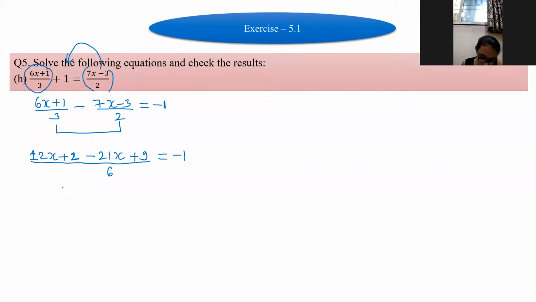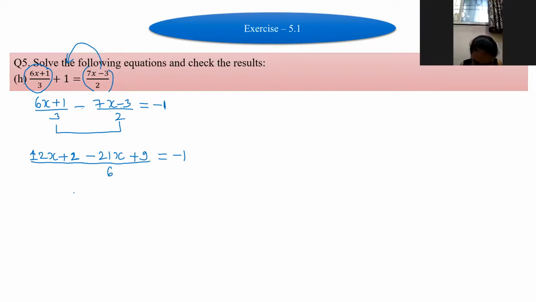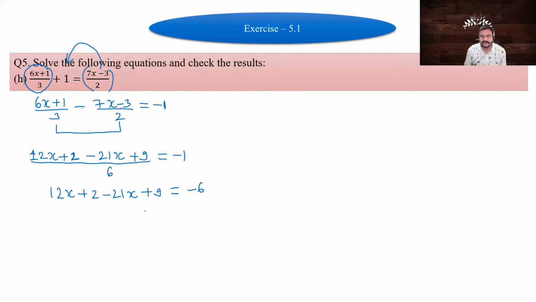Now, sir, we will do 12 plus 2, that is 14x. Sorry, sir. We will shift 6 to the RHS side in multiplication. So 12x plus 2 minus 21x plus 9 is equals to minus 1 into 6. So minus 6 it will become.